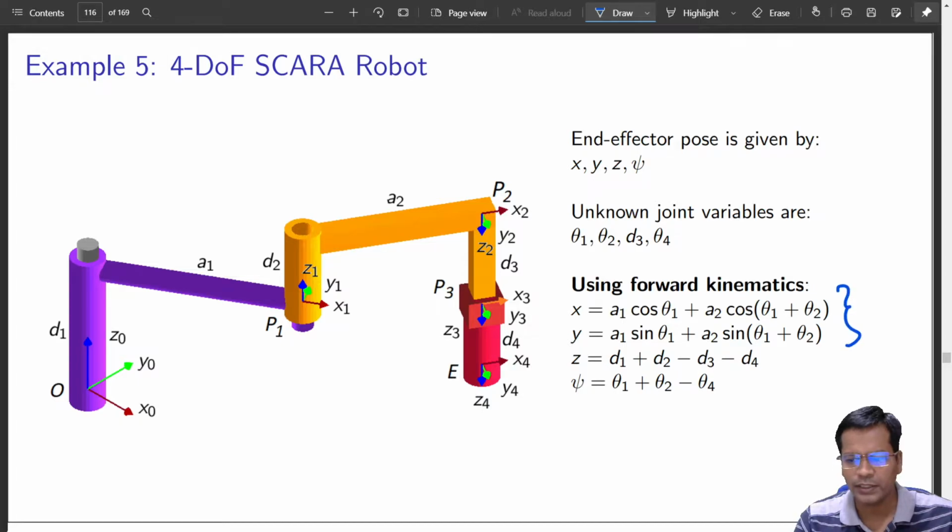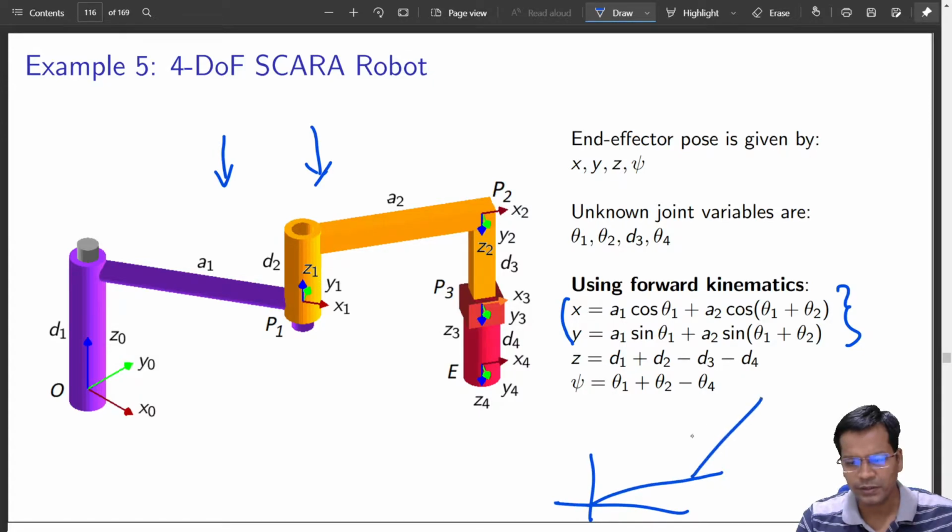We have already done this. The XY position, when you look at this robot from the top, is just like a 2 degree of freedom robot. So it is first link, second link, this is A1, this is A2, this is theta 1, this is theta 2, done.